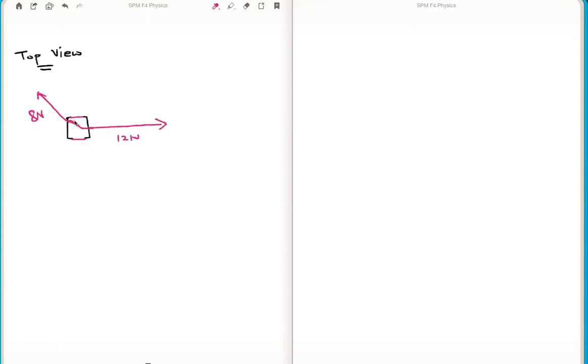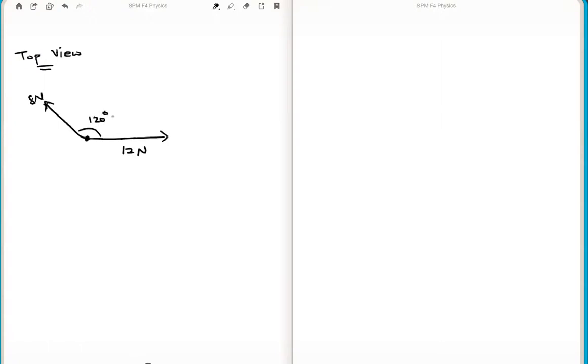The direction of these two forces, they are not in line. I'm going to draw it again. Redraw this into a free body diagram perhaps. Maybe a box in the middle, force 12 Newton to the right and another person pulling at 8 Newton, the angle between them is 120 degrees.